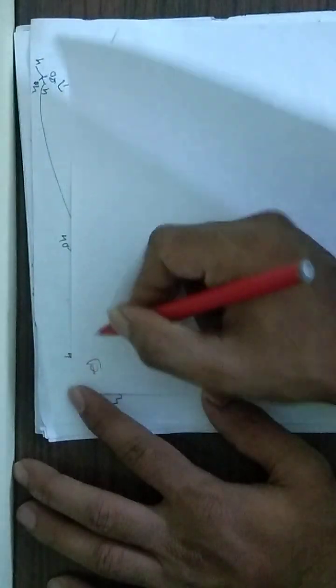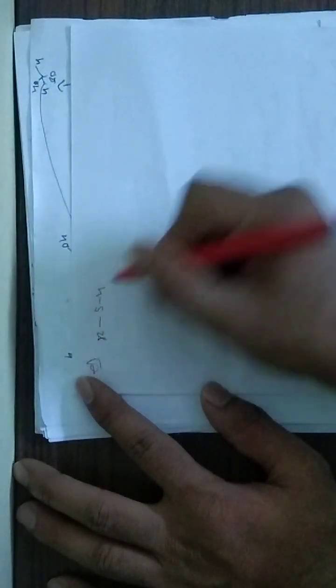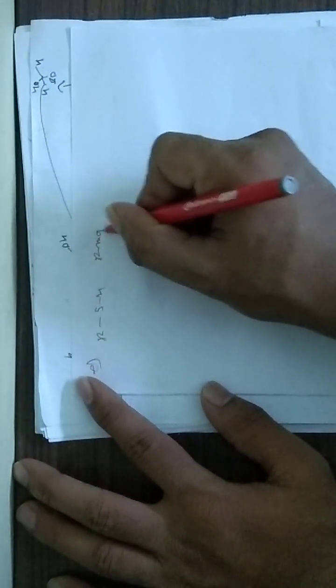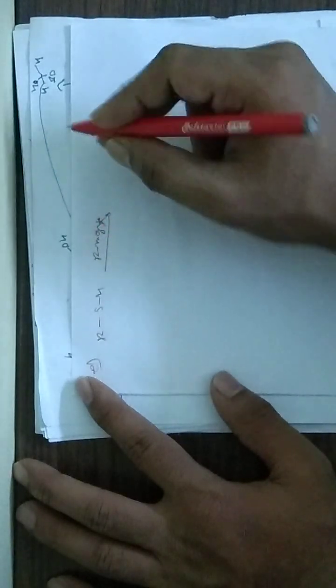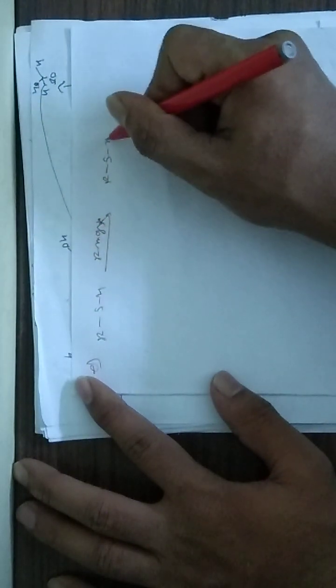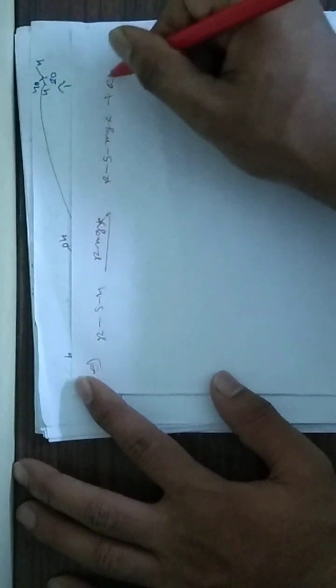Now the next compound that will react with the Grignard reagent as an acid base reaction is a thiol, let's suppose RSH. If we add RMgX, it will form the metal thiolate plus RH.